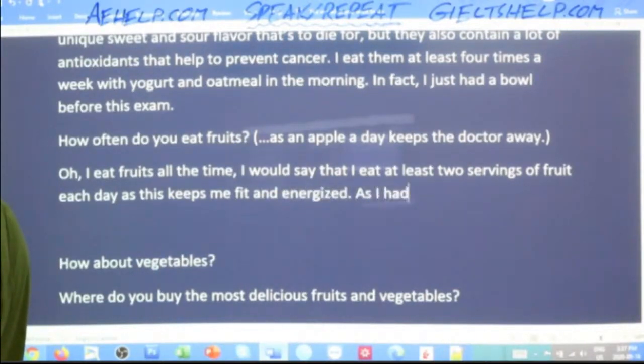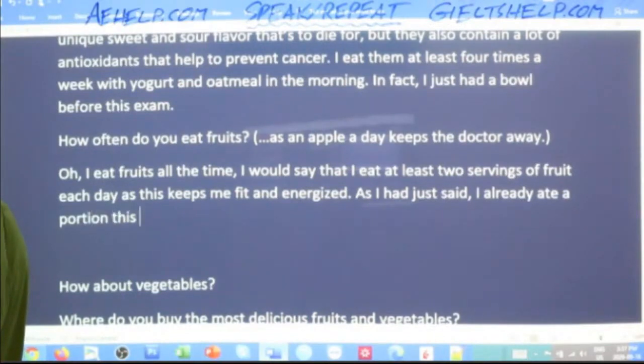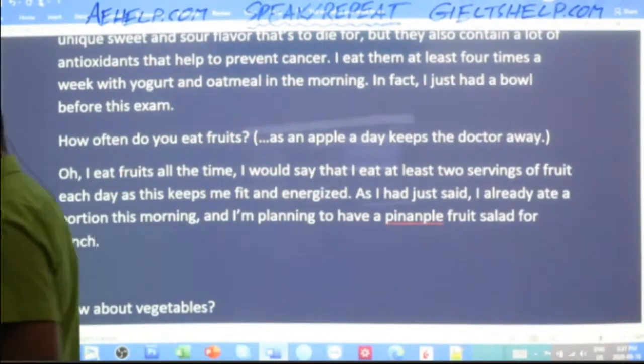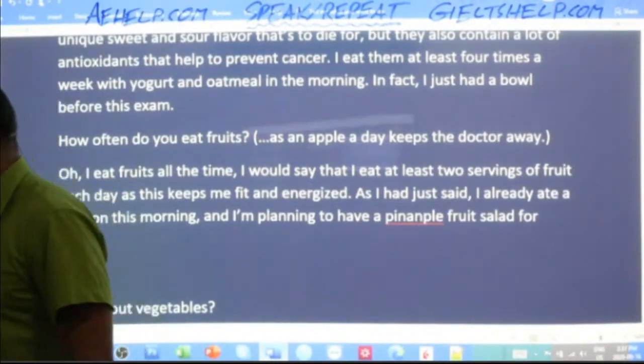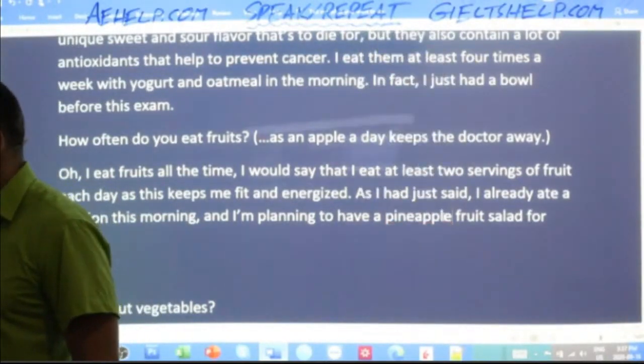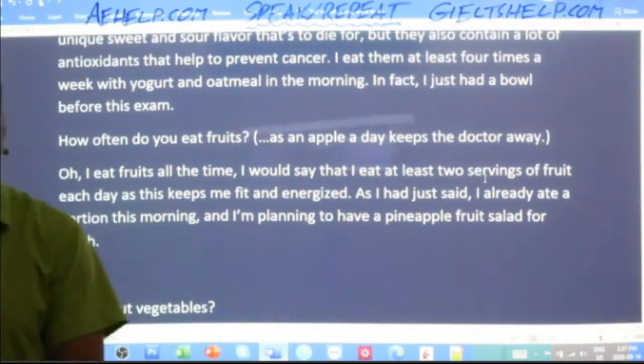As I had just said, I already ate a portion this morning, and I'm planning to have a pineapple fruit salad for lunch. Okay, if you've ever had a pineapple fruit salad, you know what I'm talking about. It's definitely yummy. Pineapple, pine and apple together. Okay, so here we go.